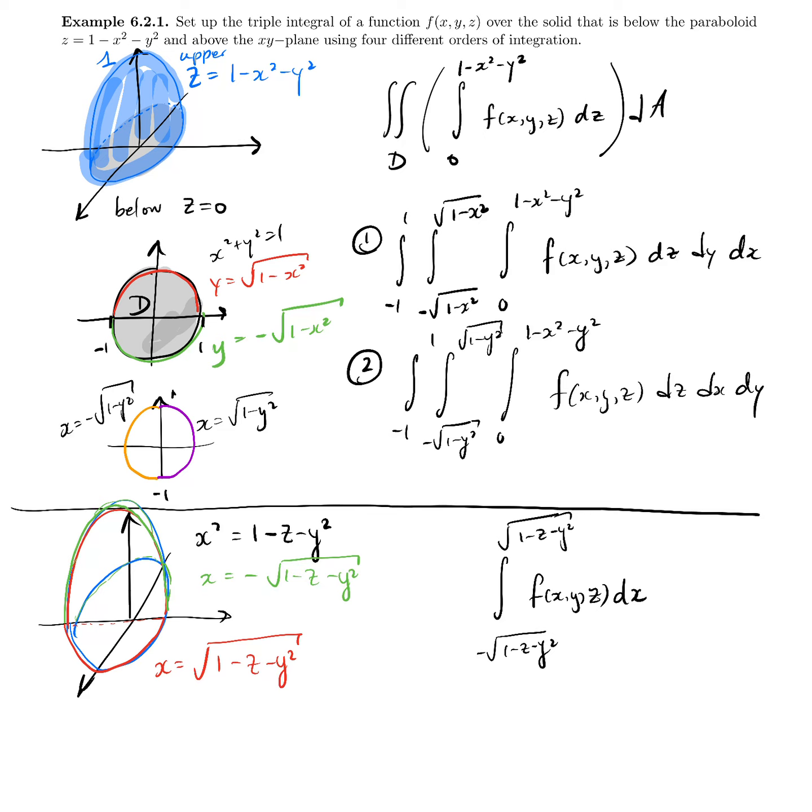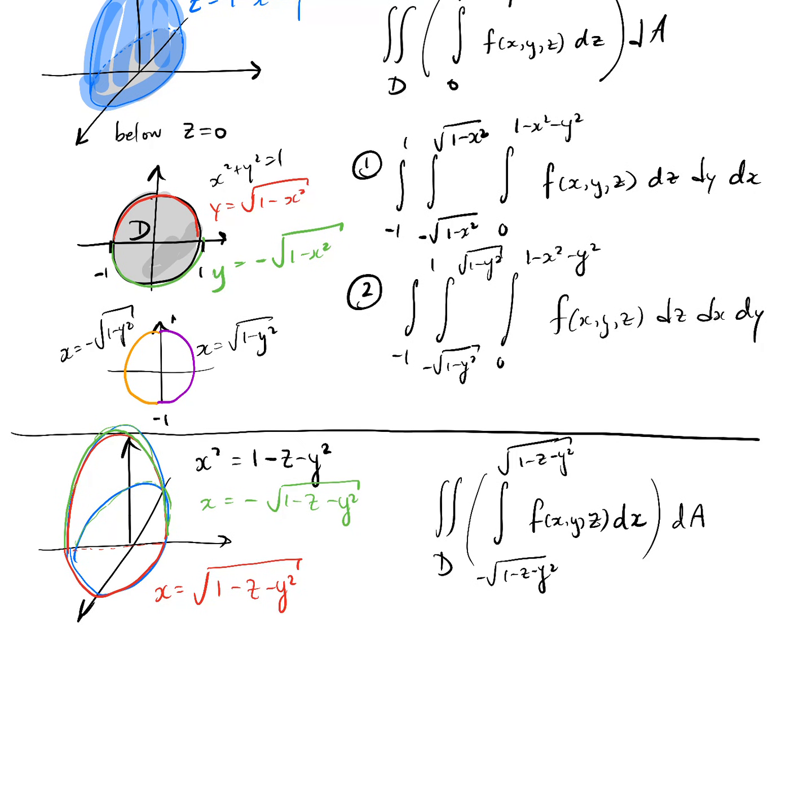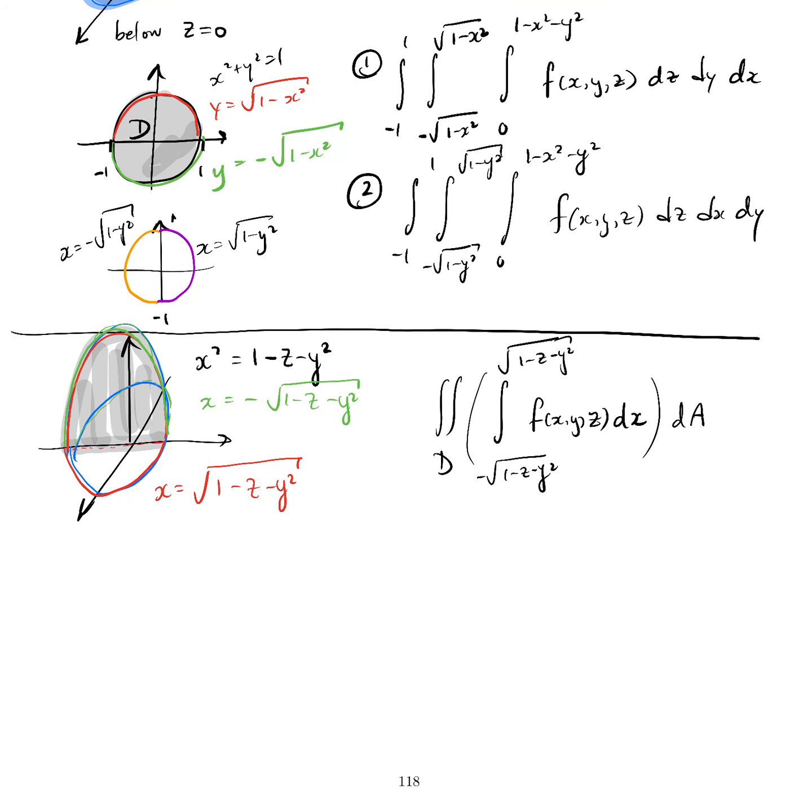Now we have to set up that integral as a double integral over some region D, dA. And so what is the shadow region? Well, the region is going to be right in the center here on the YZ plane, and we can see that region if we graph it separately in the YZ plane.